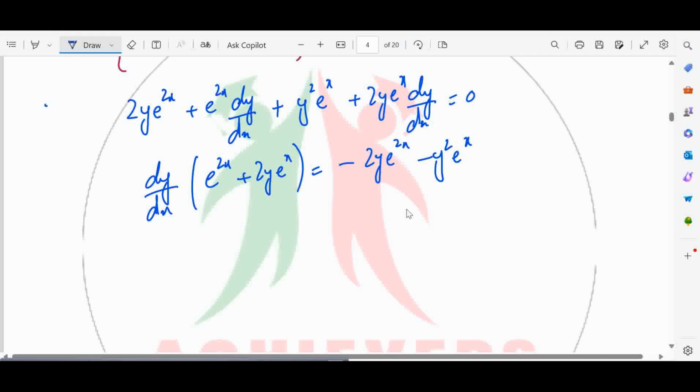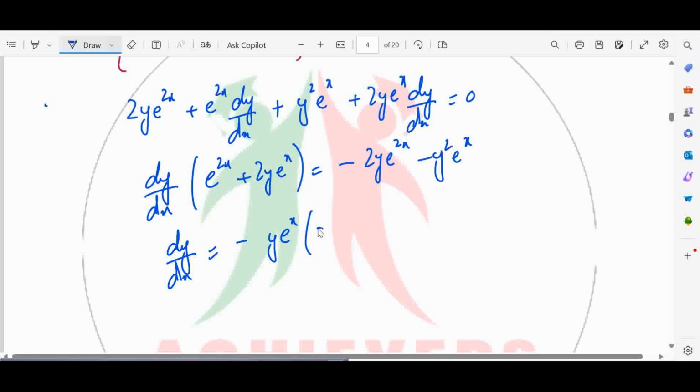Now what we can do is just shift it to the other side. So dy by dx will be equal to minus 2y. We can also take something common from the above one. This will be minus 2y e power x. Not minus 2, because 2 is not common. Minus y e power x, yes, this will be common.